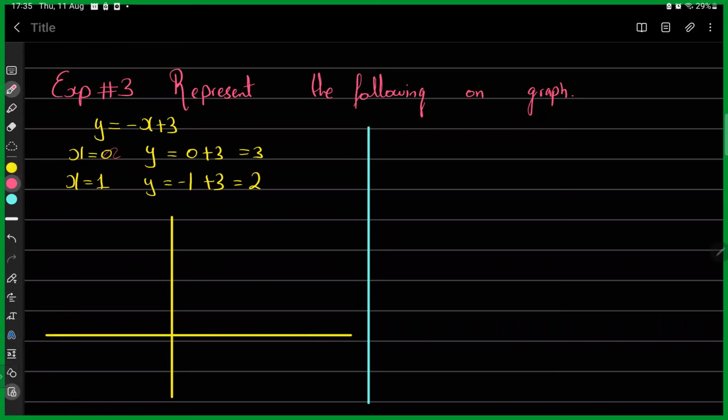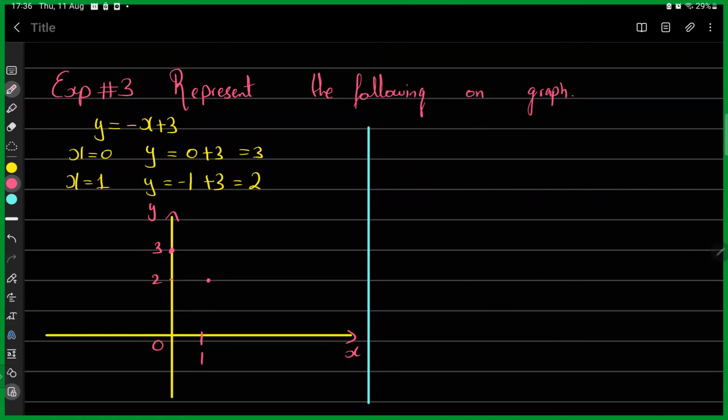So when x is 0, y is 3. This is y equals 3. This is my x-axis, this is my y-axis, and here x is 1. So y is going to be 2. This is 2, and this is going to be your point.